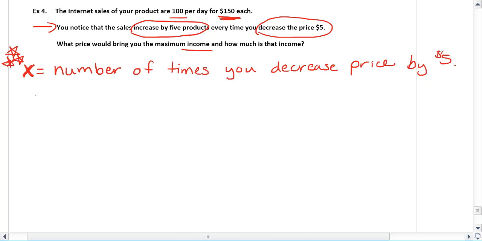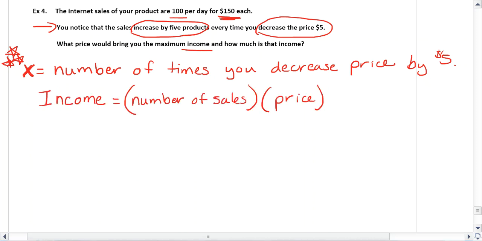So now we use this x to write a couple of equations, because there's another piece of information that you need to know going in. You need to know how income is calculated. You maybe know this already, but the income equals the number of sales times your price. This is what we're going to use to give us our quadratic.